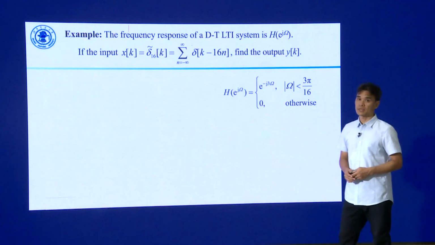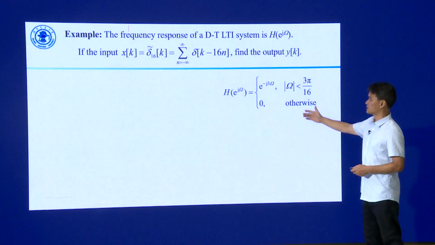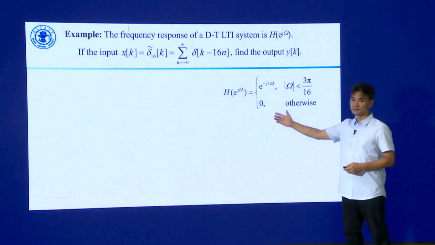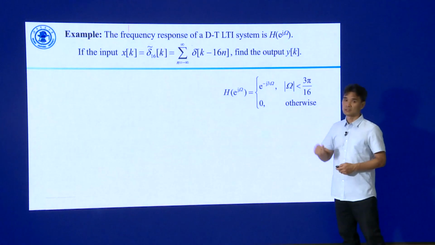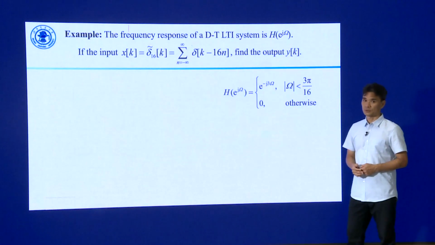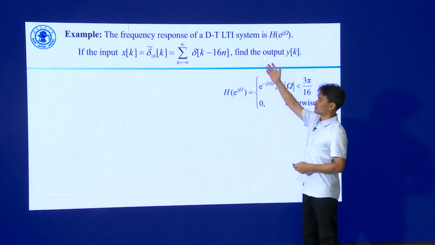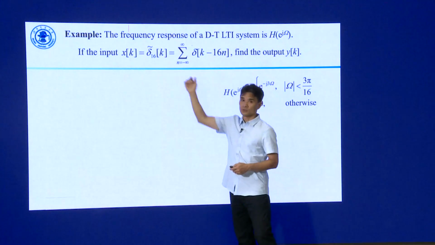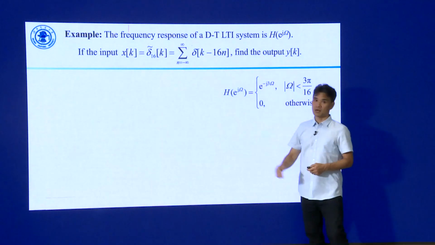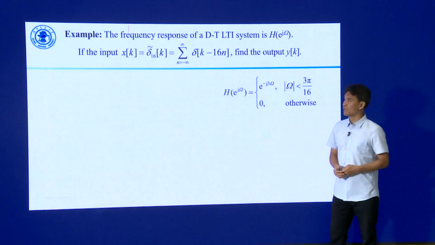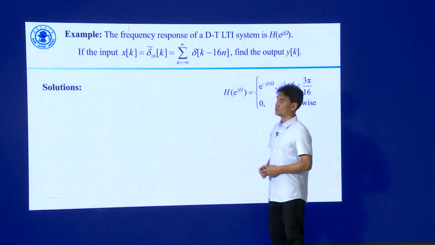Here's one example. We have a discrete time LTI system specified by the frequency response here. And this actually is an ideal low-pass filter. What is the zero-state response to this periodic input? It's a periodic impulse signal. Pay attention that the period is equal to 16.